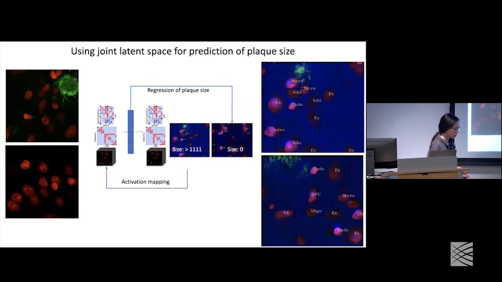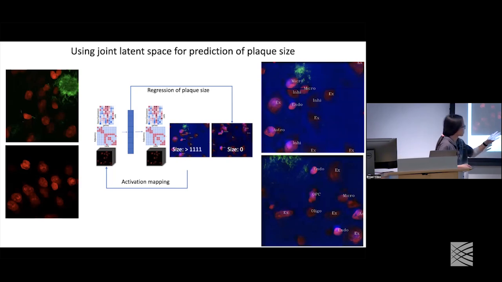And we're interested to know what the differences are in cells that are closer to the amyloid beta plaque, compared to cells that are more far away from the amyloid beta plaque. So we take the joint latent space of the different cells, and then use that as the input to train a regression model to predict the size of the plaque.